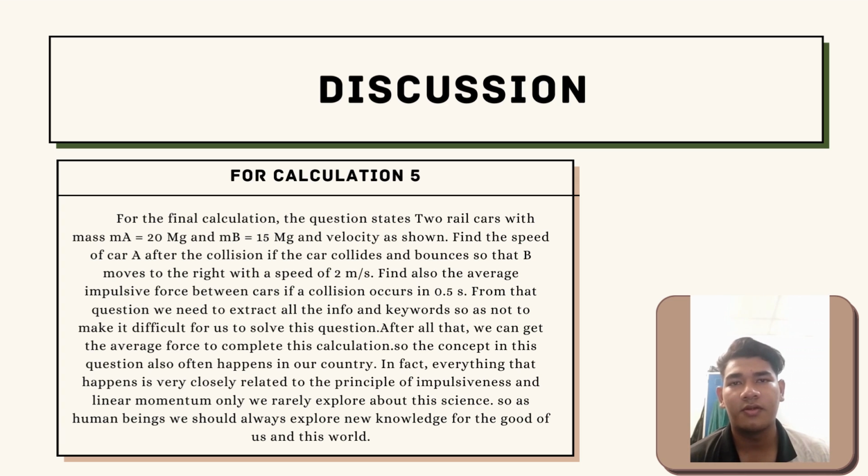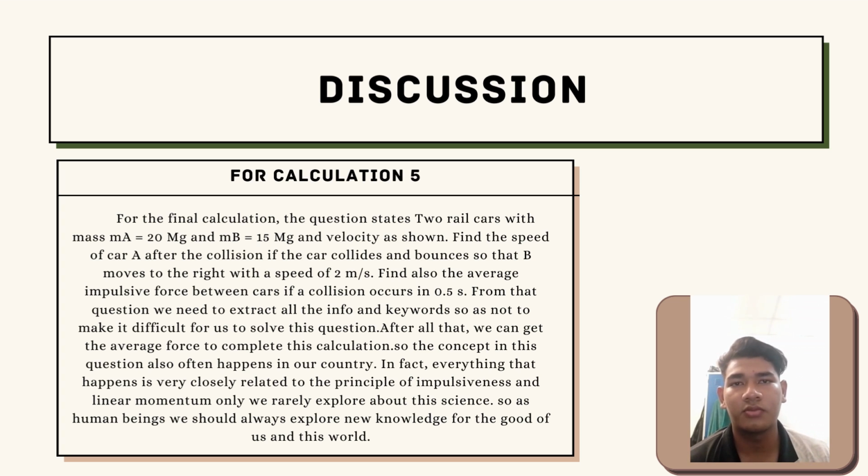To find the speed of car A after colliding with car B, we need to use the conservation of linear momentum relationship as shown in the calculation path. After entering all the values, we will be able to know the speed of the car. With that speed value, we can move to the next question, which asks to find the average impulsive force between the cars.